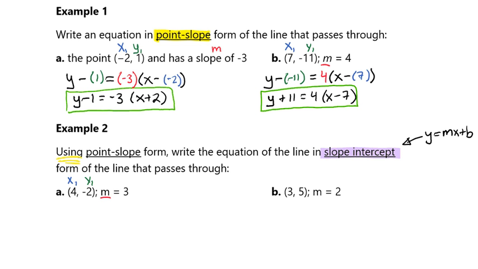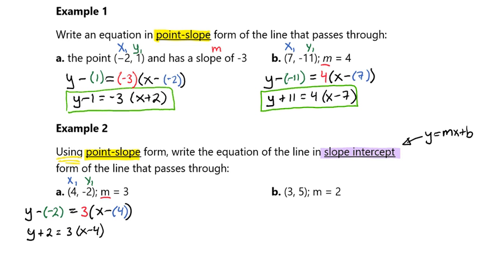So we start off by using our point-slope form. And that's going to give us y minus the y1 equals the m times x minus our x1. Then we're going to simplify that to y plus 2 equals 3 times x minus 4.